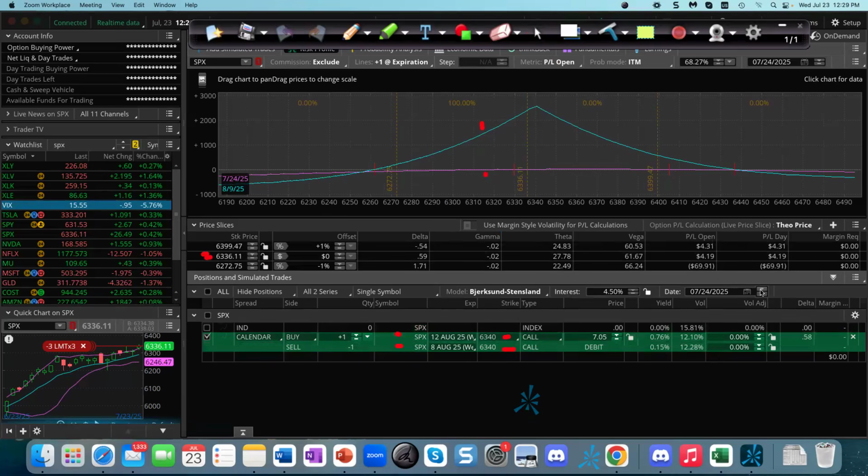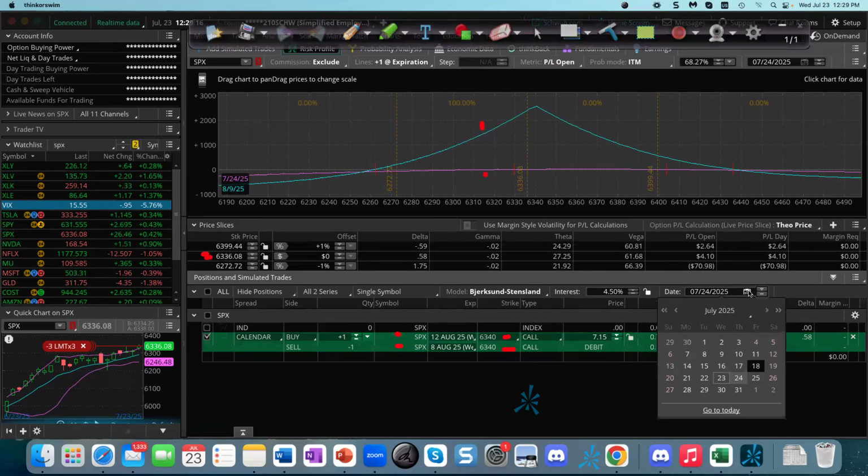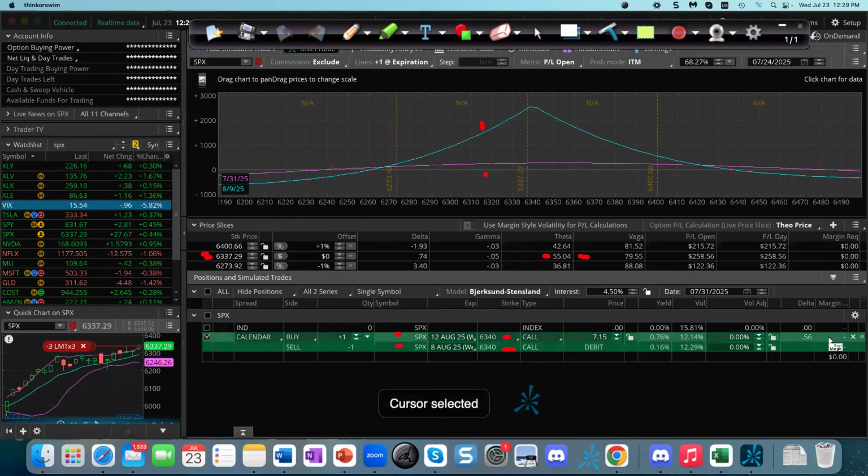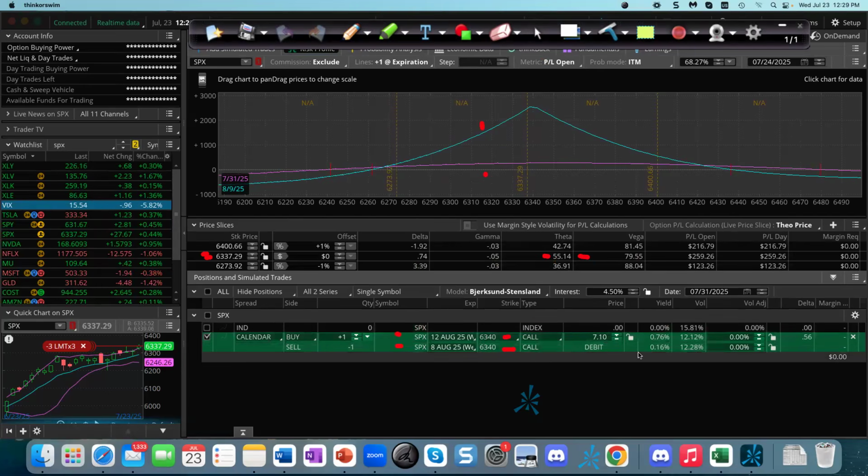As I move the date ahead one week, from the 24th to July 31st, you can see that purple line starts moving up towards your expiration graph as you're accumulating theta. A calendar is a pretty neutral delta, positive theta trade because your shorts will decay quicker than your longs, and it's a long vega trade because you're buying more extrinsic value in your long than your short.